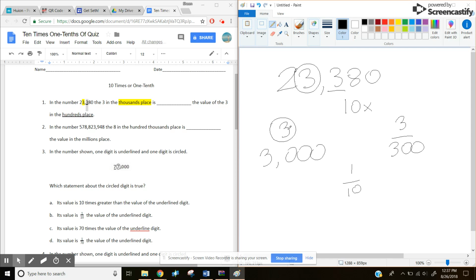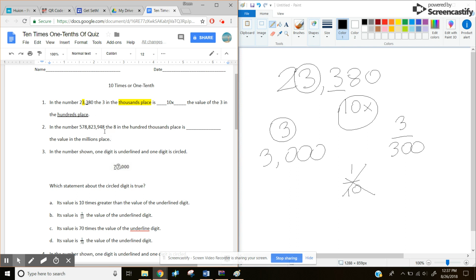It's the 3 that's circled, which is worth 3,000, 1/10 of 300. So it's 3,000 less than 300. No, that's wrong. So our answer is 10 times. So the very first question should be 10 times.